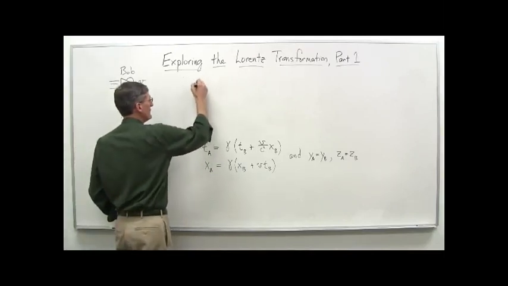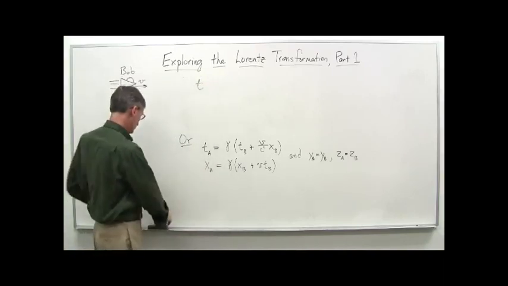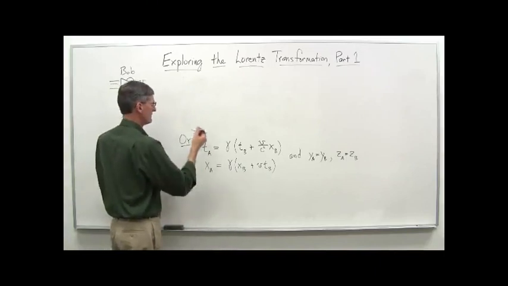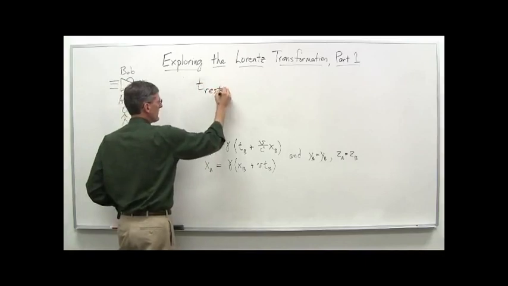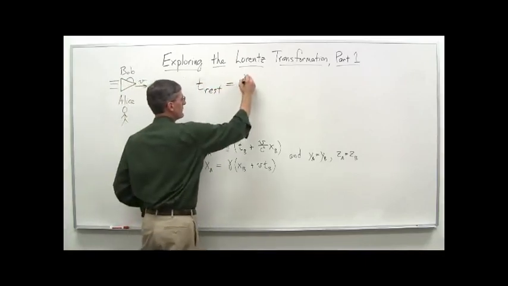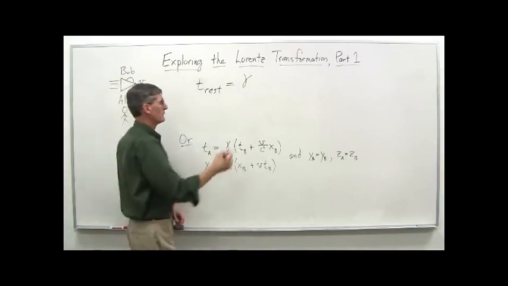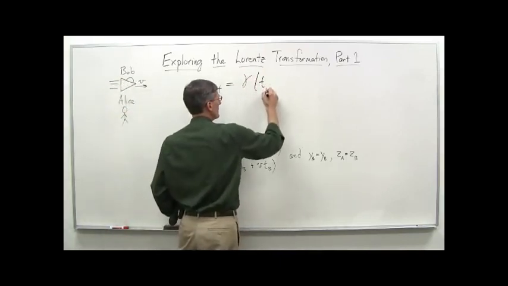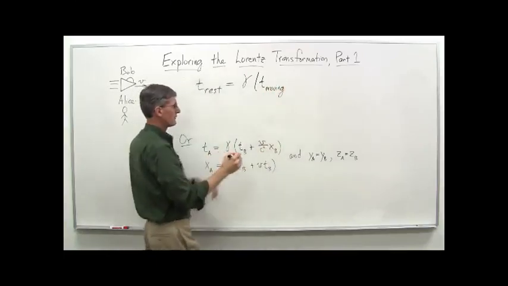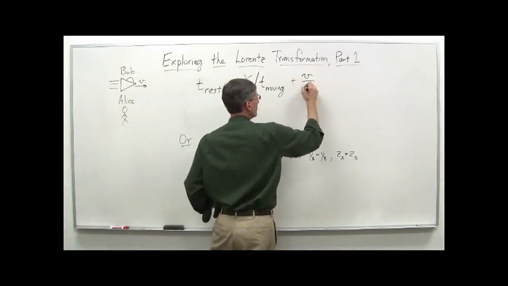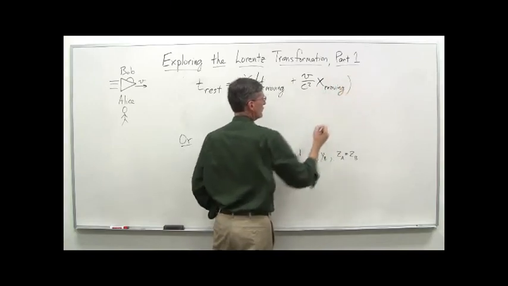We'll say T rest equals gamma, still being the Lorentz factor, times T moving, TB being our moving frame, plus V over C squared X moving.